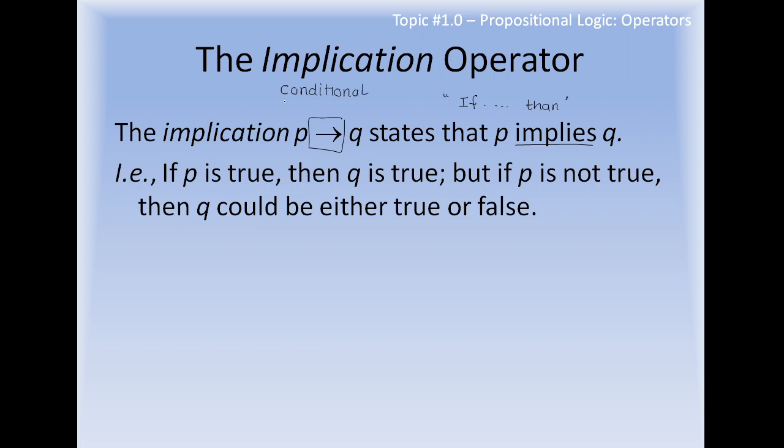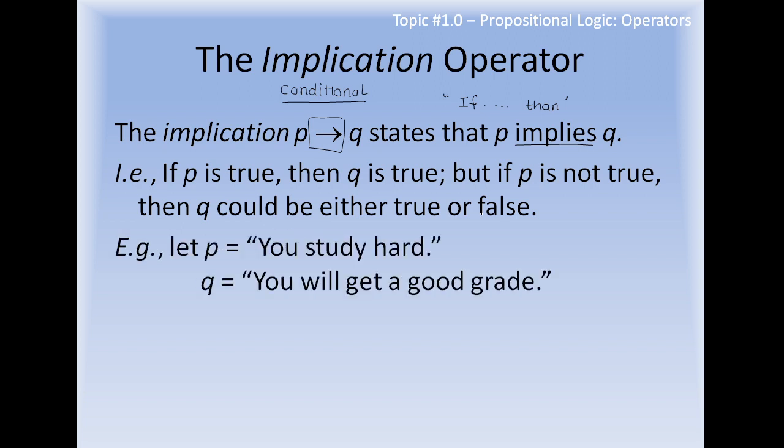And the symbol that we use over here is the arrow, and we read this as P implies Q. So if P is true, then Q is true, but if P is not true, then Q could be either true or false.